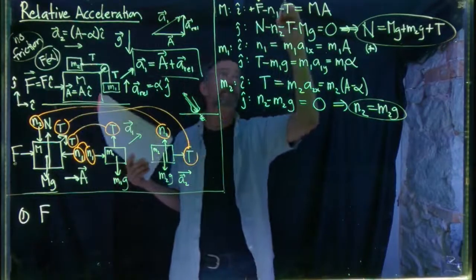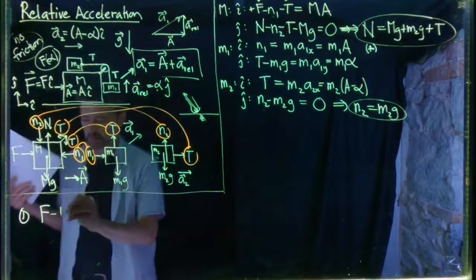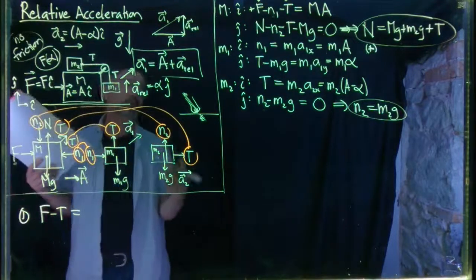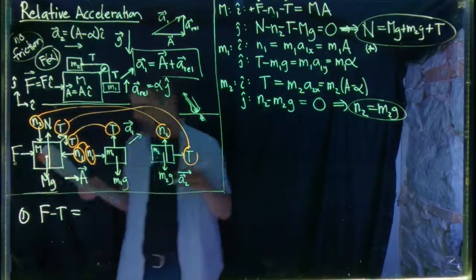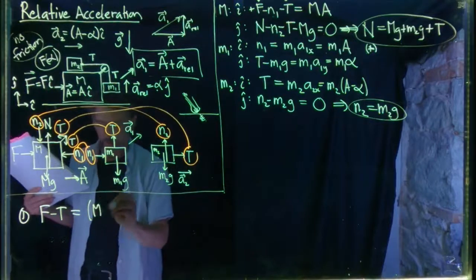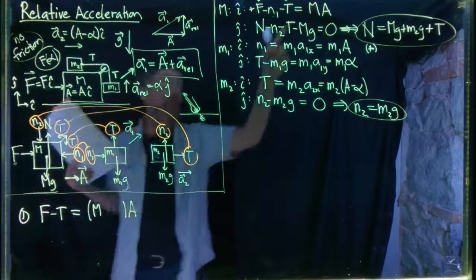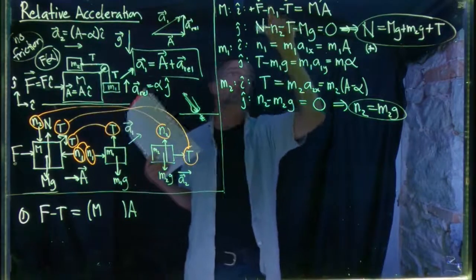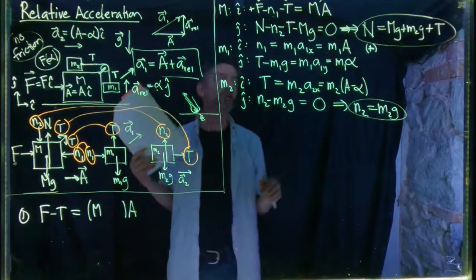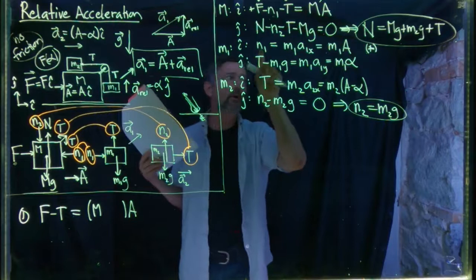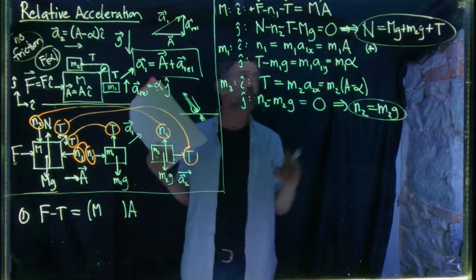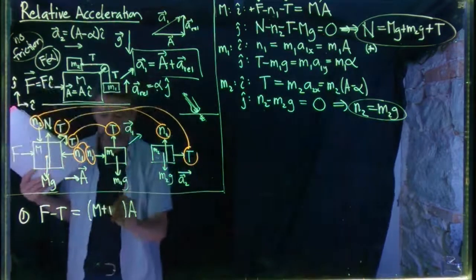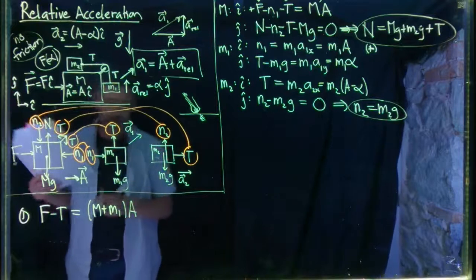Then there's a negative t. Let's put that over here. Okay. And then bring everything else over to the right-hand side. So we have a big M times big A. That takes care of that term. And then we have a negative n1, which we bring to the right-hand side to write as positive n1. And positive n1 is little m1 times A. So plus little m1 times A. Okay, so that's one equation.